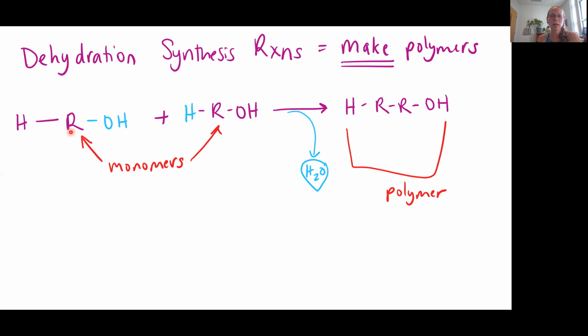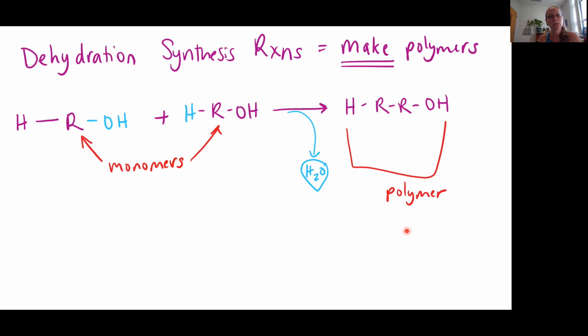Now notice in my monomers I have both an OH, a hydroxyl group, and a hydrogen. So when I do my dehydration synthesis, I'm going to pull out OH and H. If I pull out two hydrogens and an oxygen, I've removed water. That's my dehydration part. But I still need to complete these bonds, and I do that by making a new bond between those monomers, and I'm building my polymer.